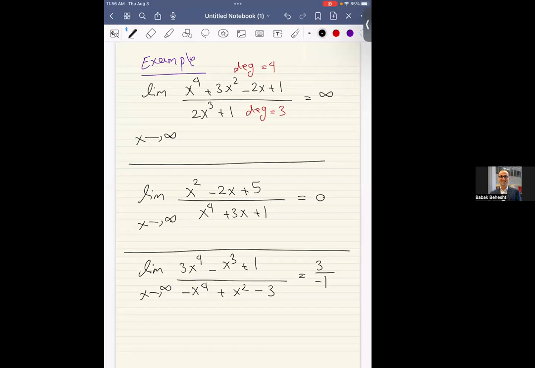And because the coefficient of x to the power 4 is positive, as x goes to infinity the limit is positive infinity. But you can also ask what is the limit when x goes to negative infinity? When x goes to negative infinity, again, it's positive infinity because you have x to the power 4.